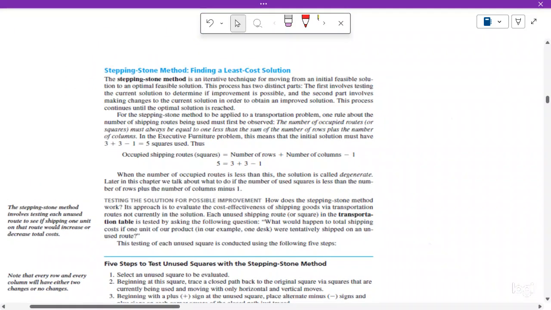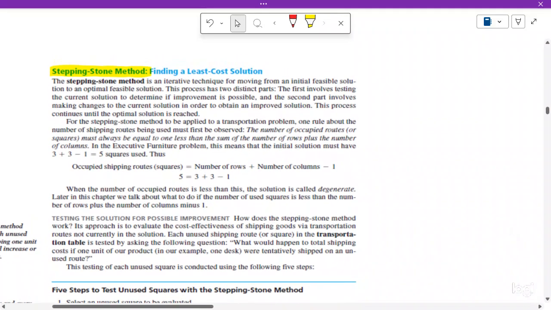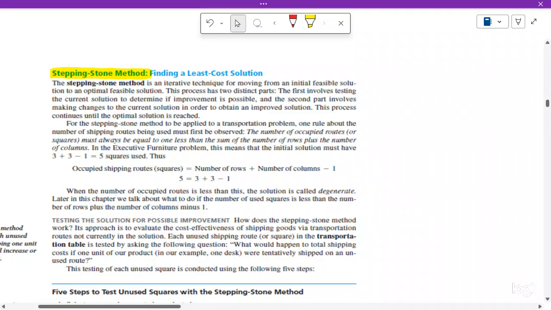The method that we are doing is called stepping stone. So now it's all about occupied shipping routes, squares.